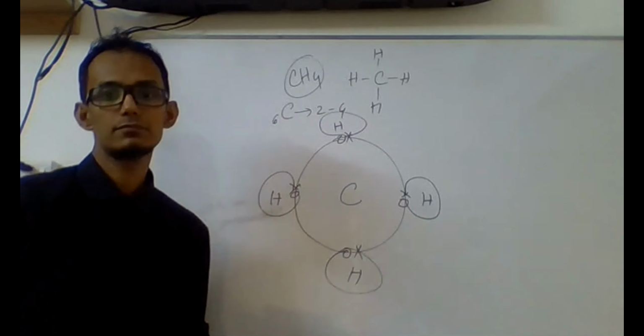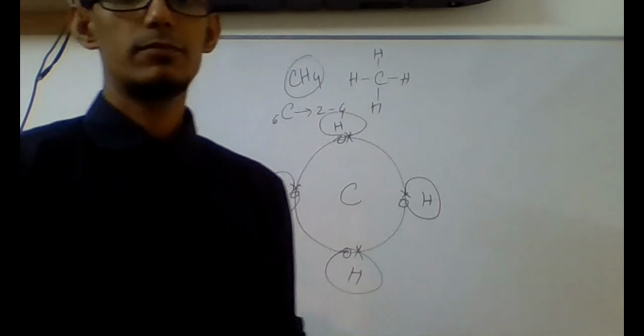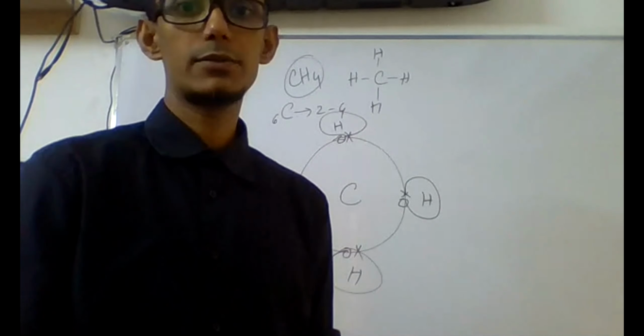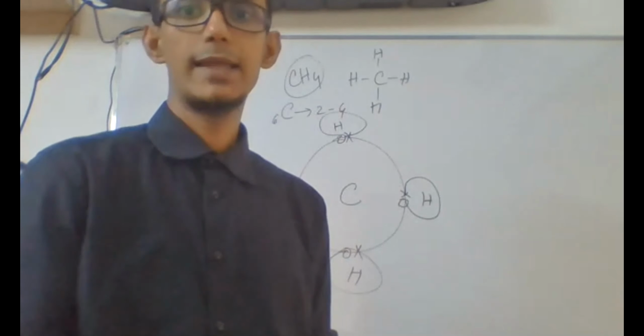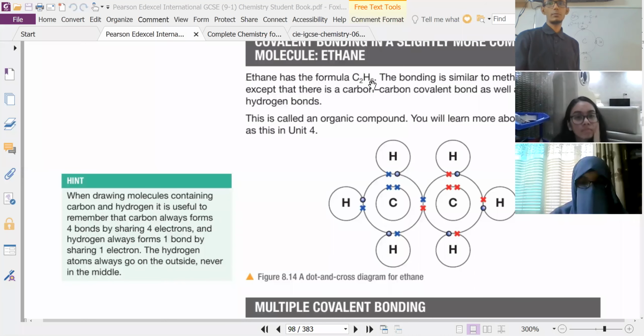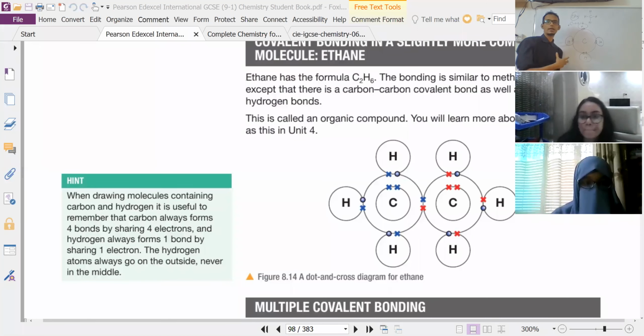No, sir. Okay, fine. So we'll go to multiple covalent bonds. If these are single covalent bonds, multiple covalent bonds will start today. Single covalent bond means between atoms we have only one pair of electrons they are sharing.